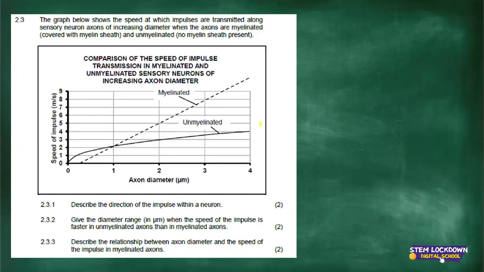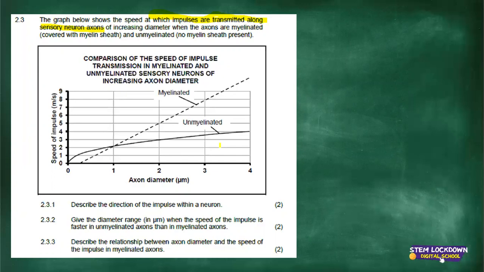So what are we looking at? We're looking at the speed at which impulses are transported along sensory neuron axons. The topic: comparison of the speed of impulse transmission in myelinated and unmyelinated sensory neurons of increasing axon diameter.